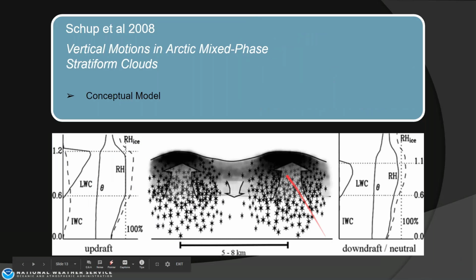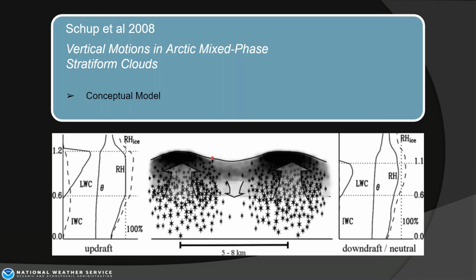And so Shupe gave this conceptual model in his paper, and there's a lot to unpack here, but here's his picture of these enhanced vertical motion areas, if you will. And the black shading here is liquid water droplets.